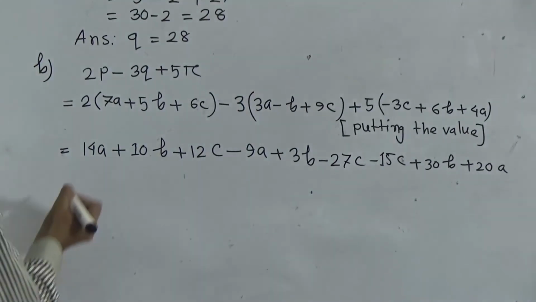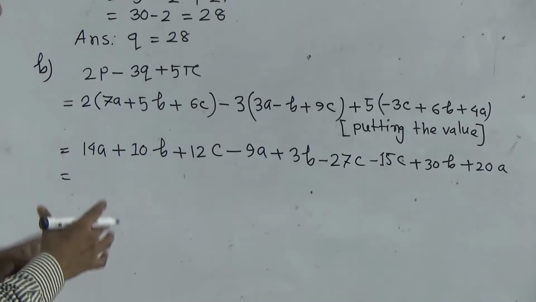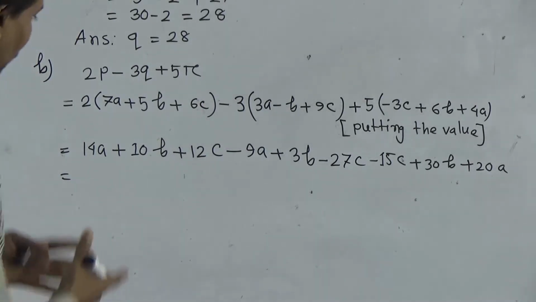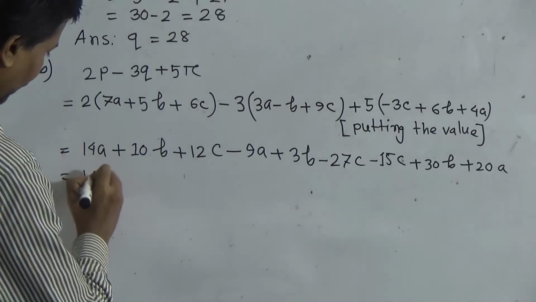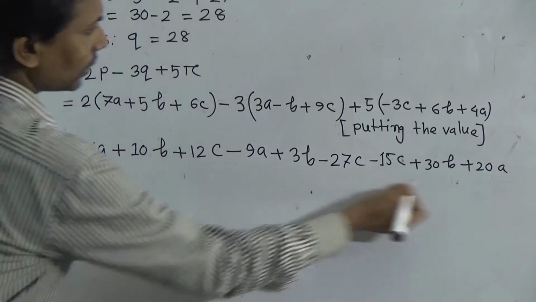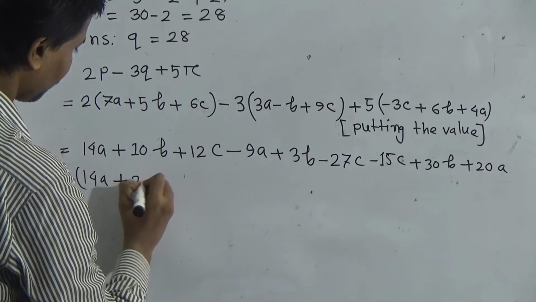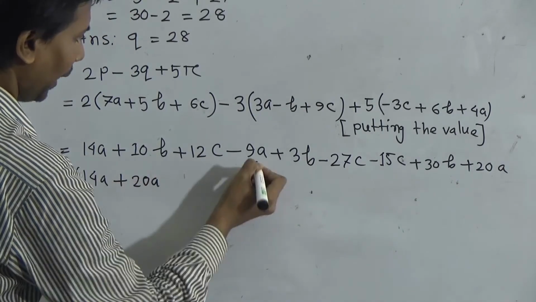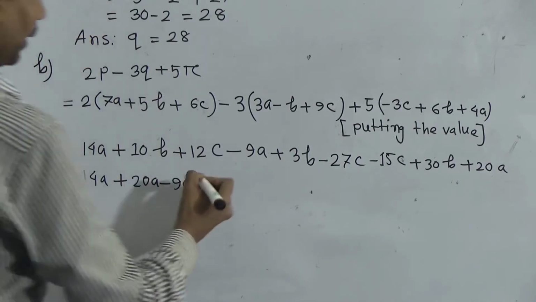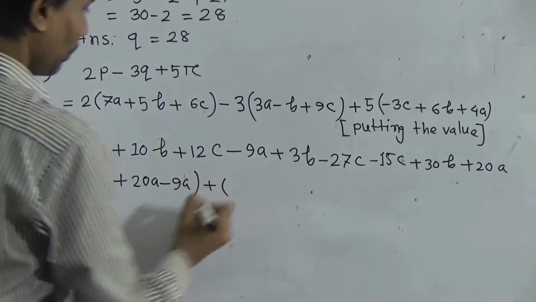Now you have to arrange the A, then arrange the B, then arrange the C. Look, 14A plus 20A, then minus 9A.